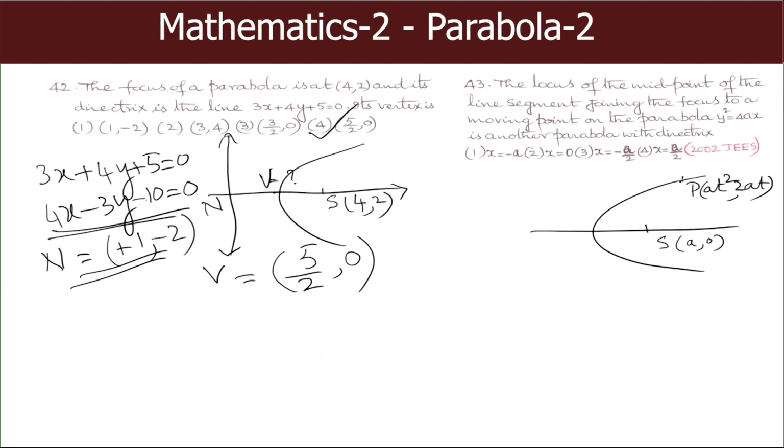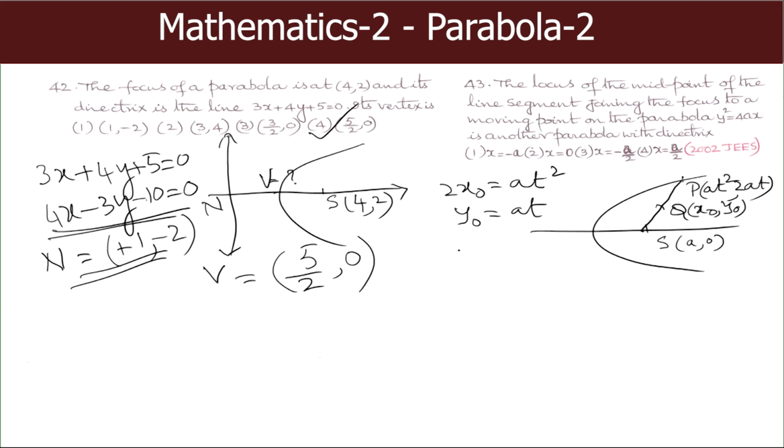This is the line segment joining S and P. The midpoint of this line segment is Q (x0, y0), and he is asking the locus of the point Q (x0, y0). So, 2x0 is a plus at square, and y0 equal to at.